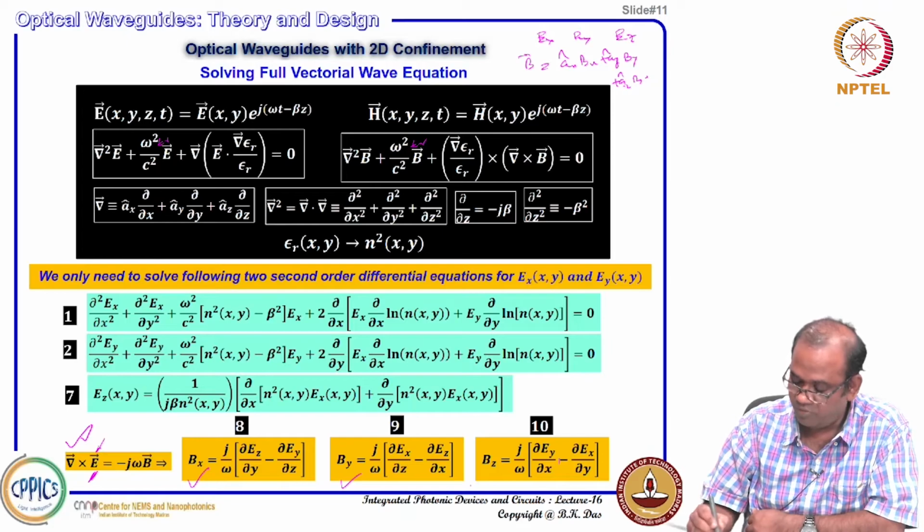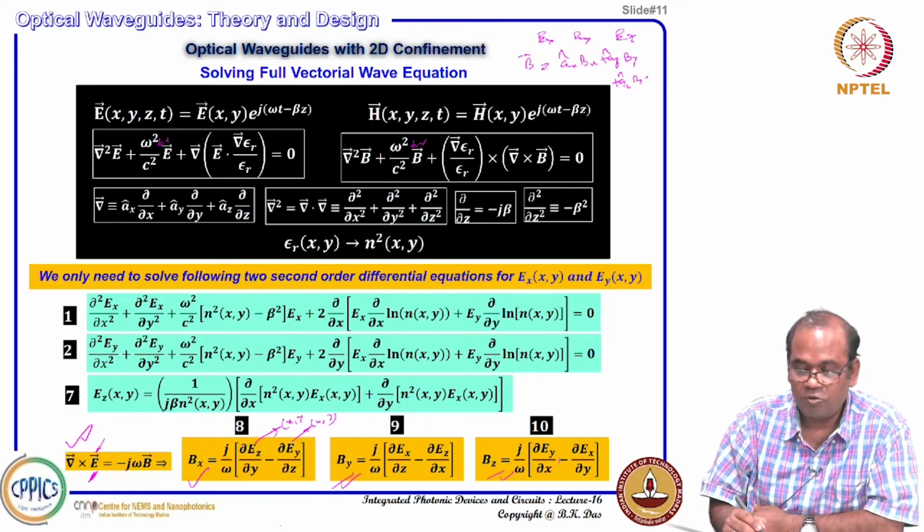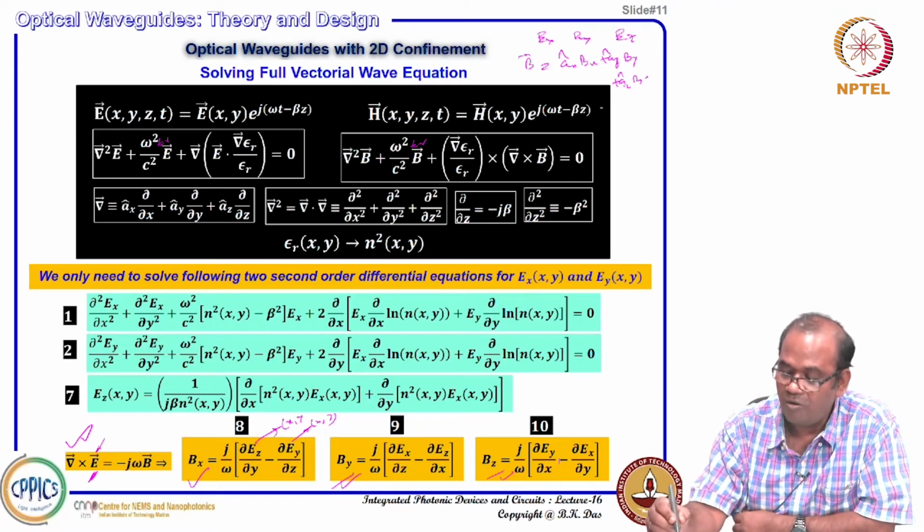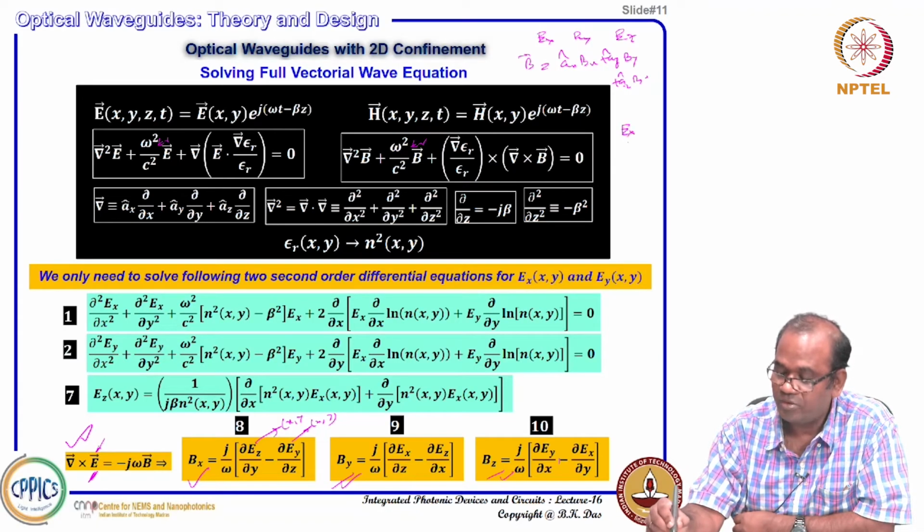Ez also known, Ey known, they are a function of x, y, so you just take the derivative, and that is the rotation, Bx I can get, By I can get, Bz I can get.